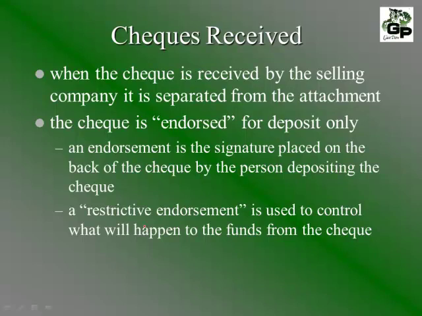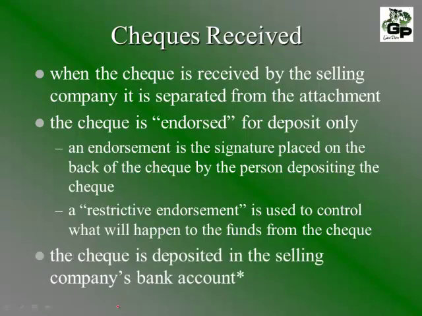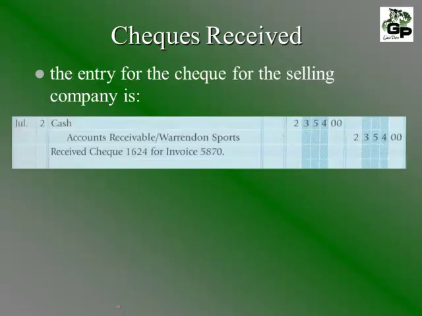So this is an endorsement that implies that something special has to happen. In most cases, it's to be deposited into the account only, and no funds can be taken out.